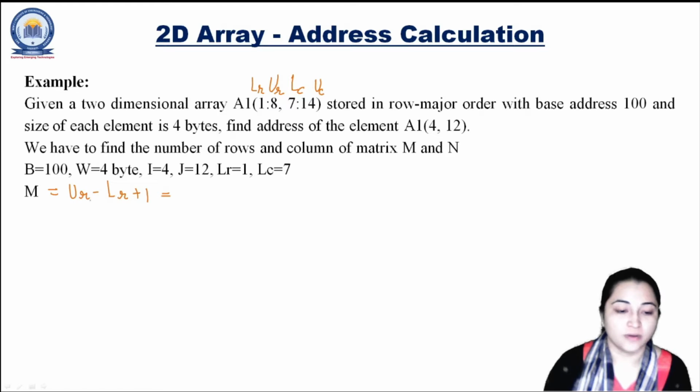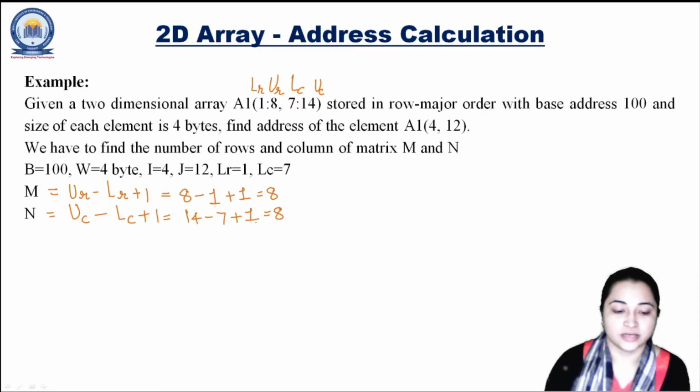So 8 minus 1 plus 1 is 8, and the value of n is upper bound of column minus lower bound of column plus 1, which is 14 minus 7 plus 1, which is 8. So now we have values of m and n.